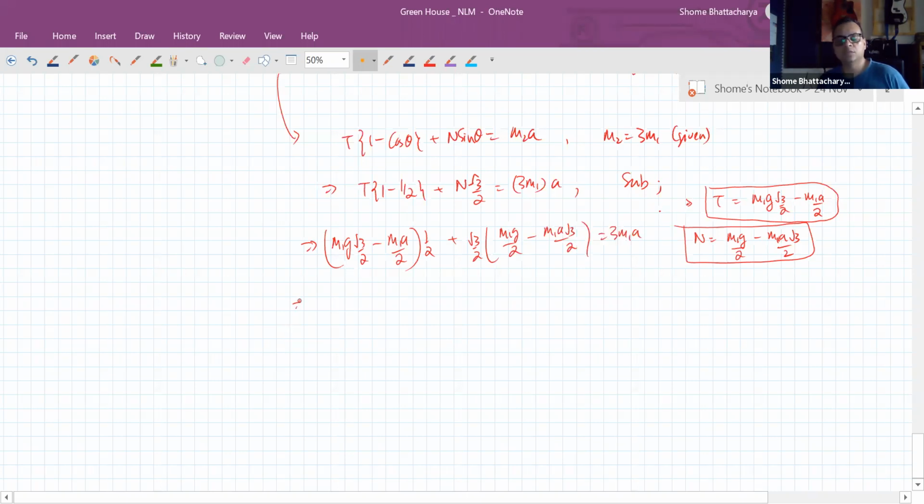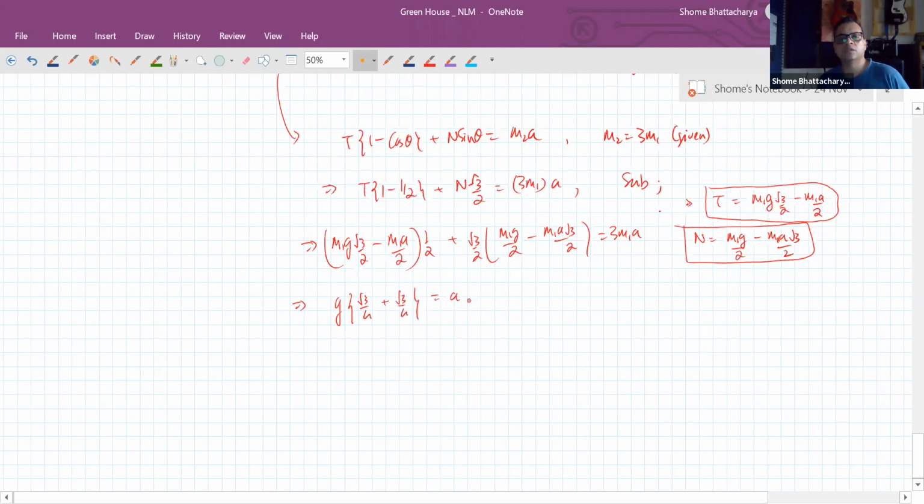Okay, so keep the terms of g on this side. m1 will anyway cancel out. So we have root 3 by 4, this into this, plus another root 3 by 4.